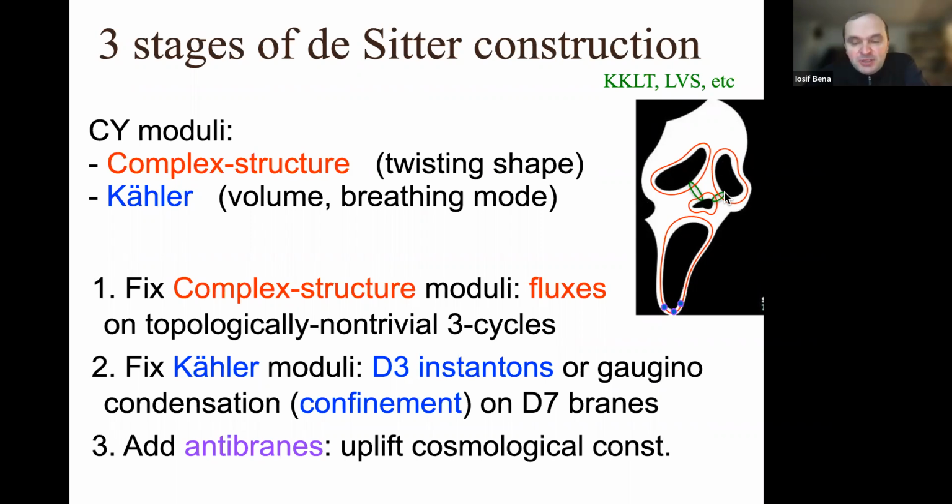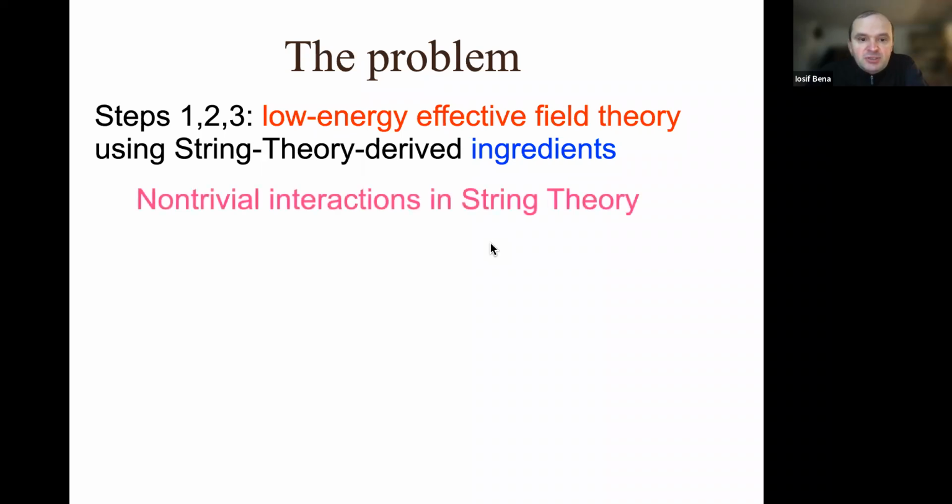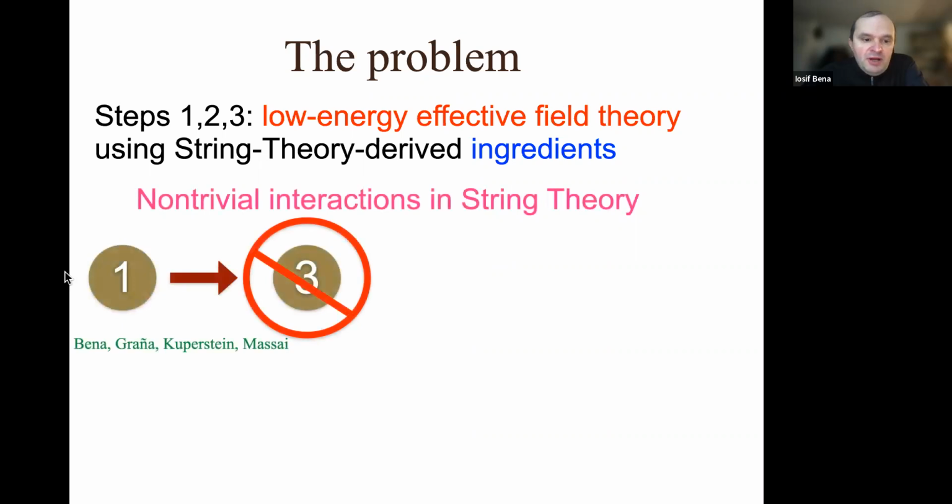Now, these three steps are all done at the level of low energy effective theory, and the problem is, if you look at them in the full string theory, there are non-trivial ingredients which people didn't realize were there, and these ingredients can cause problems when you try to mash all three together. When you look at the string theory interactions between these ingredients, what you find is that, for example, the fluxes used in step 1 can have problems with step 3.